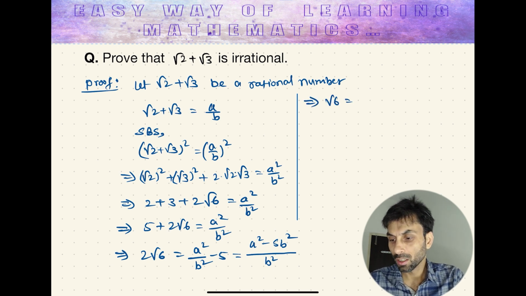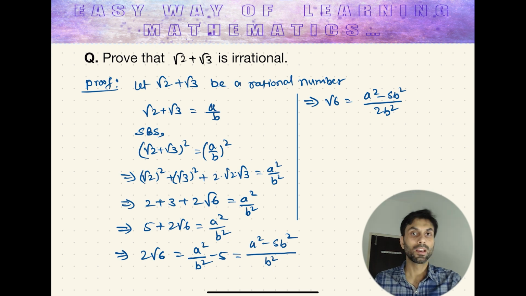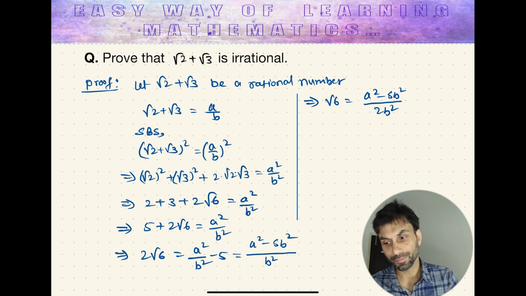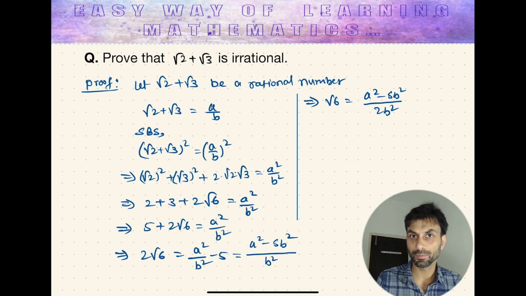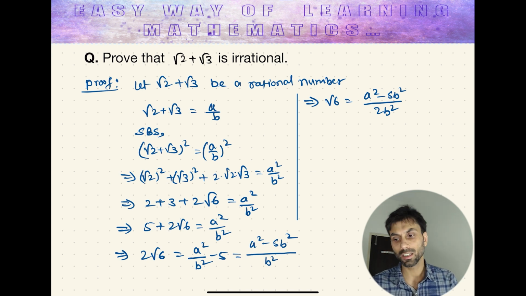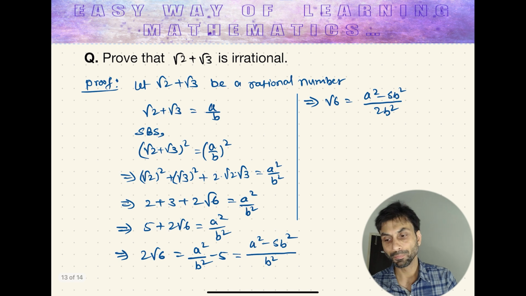So in this case, we'll get root 6 equals a square minus 5b square upon 2b square. Now in this case, root 6 is an irrational number, right? It may be possible that they will give it to you in the question, but even if it is not, consider that because root 6 is an irrational number. We don't need to prove it.